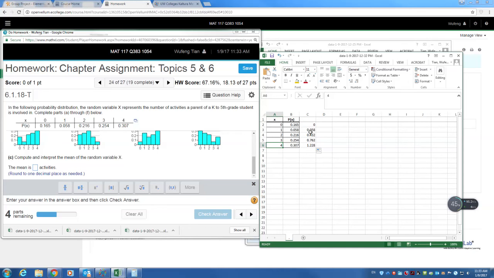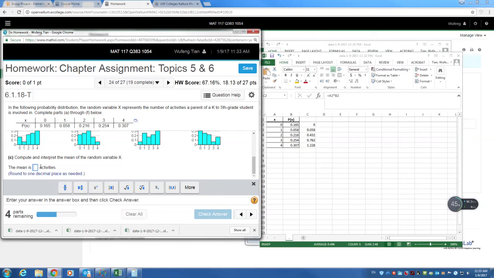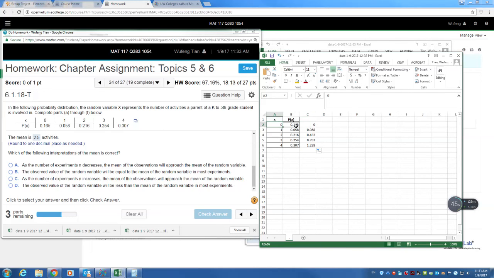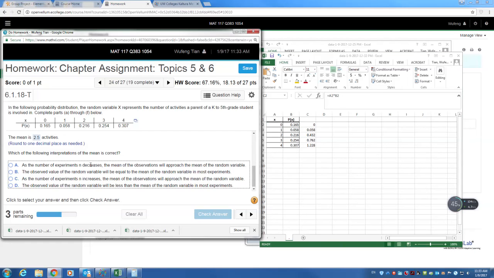Add all of this together and the sum is 2.48. Round to 1 decimal, so it's 2.5. You only have to do the first one, then drag it down and add them together to get the mean value.